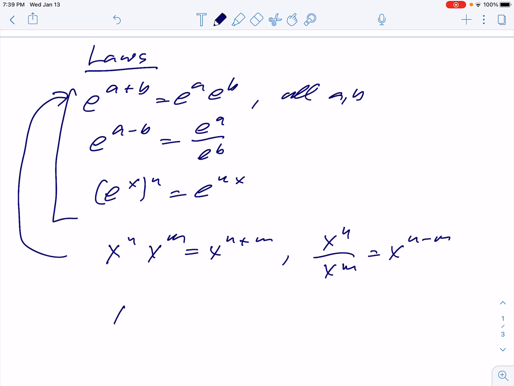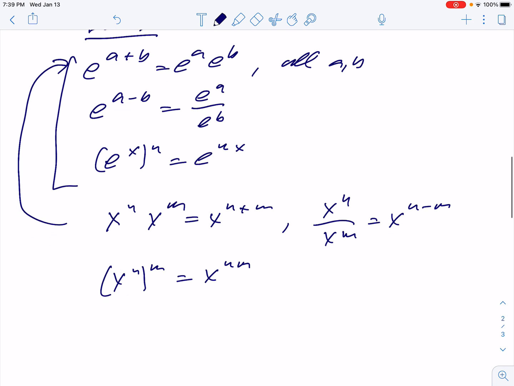And if you have x to the n to some other power m, you just multiply them like that. So there's nothing special here. You have seen also this property, x to the 0 power is 1. So the exponential function behaves like a normal exponential.